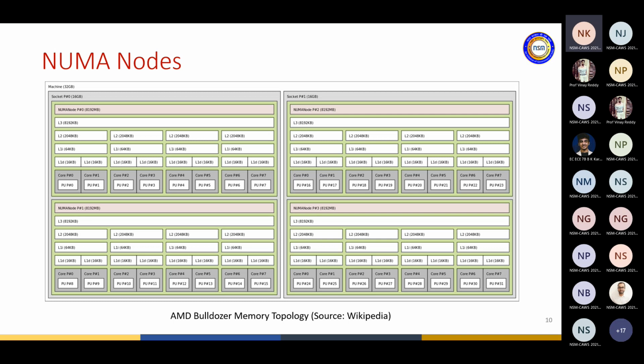So there are two NUMA nodes per socket, which means that this particular unit is somewhat compact. It has the memory, caches, and 8 cores. So every NUMA node has 8 cores. When any thread or process accesses memory which is present in this NUMA node, of course the access time is much faster than if it were to access data present in some other cache or memory, right?